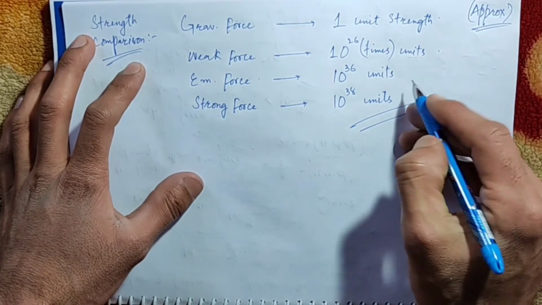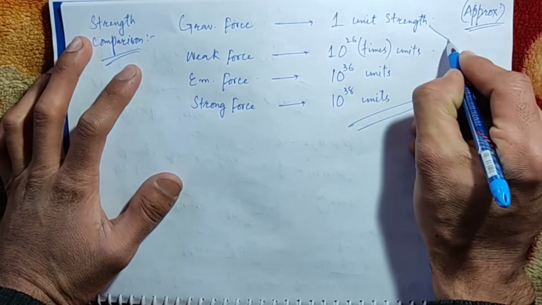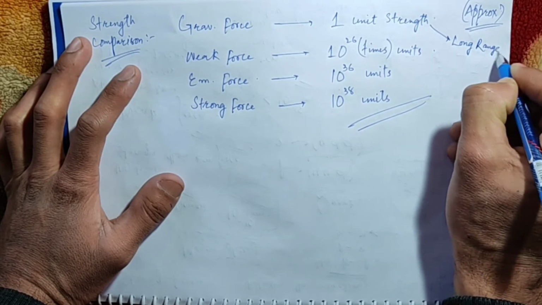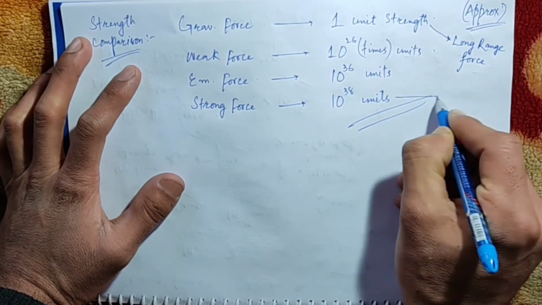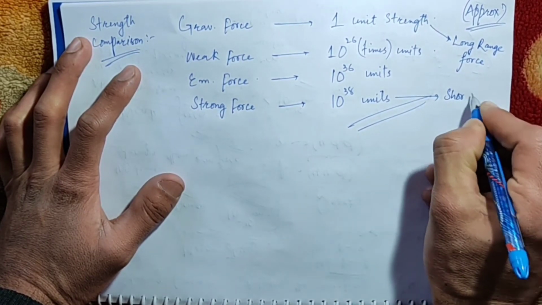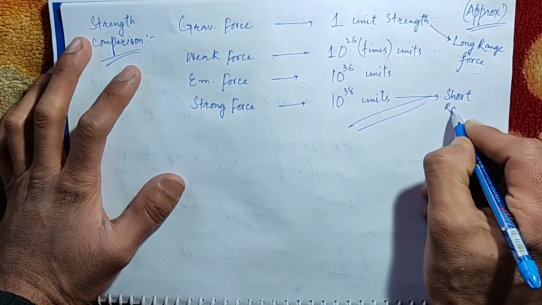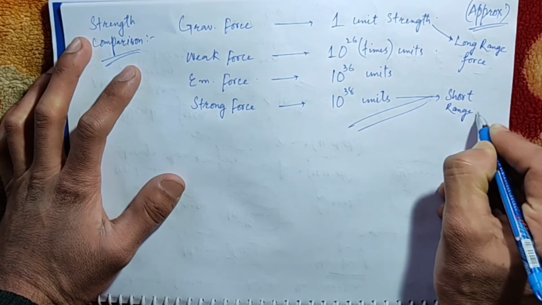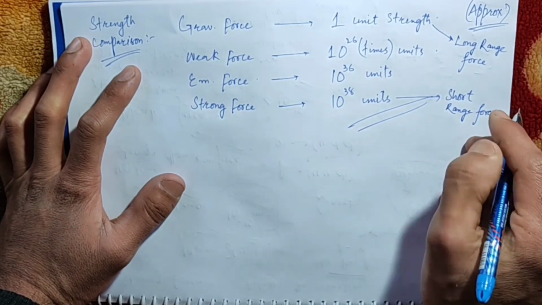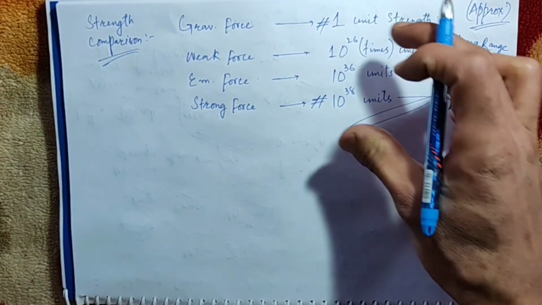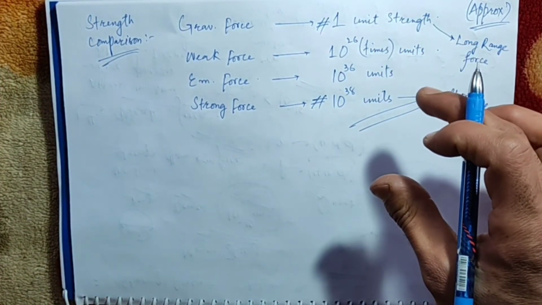But the major difference is that this is a long range force and this is a short range force existing between the nucleons inside the nucleus. See the huge difference between these strengths.